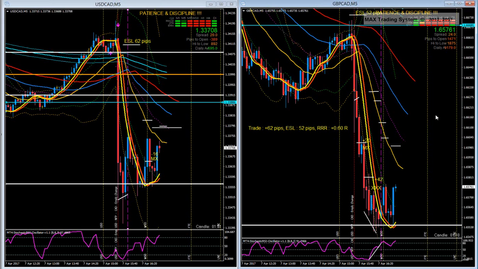Well, it seems that the price wants to bounce off from the more line here, which is very often the case when the price is in a trend, and when the price has a reason to be in a trend. And we had a reason: bad numbers on the US, bad number on the pound, good number on the CAD.